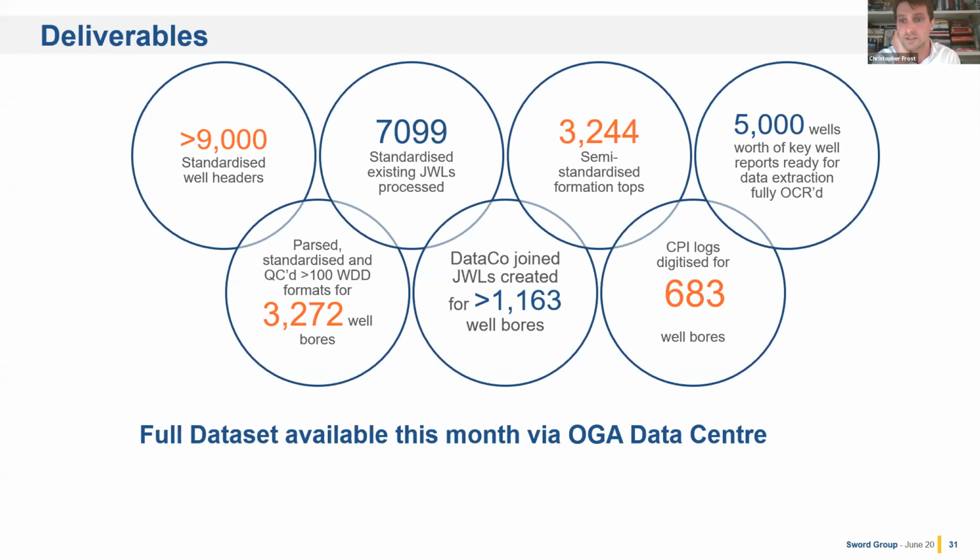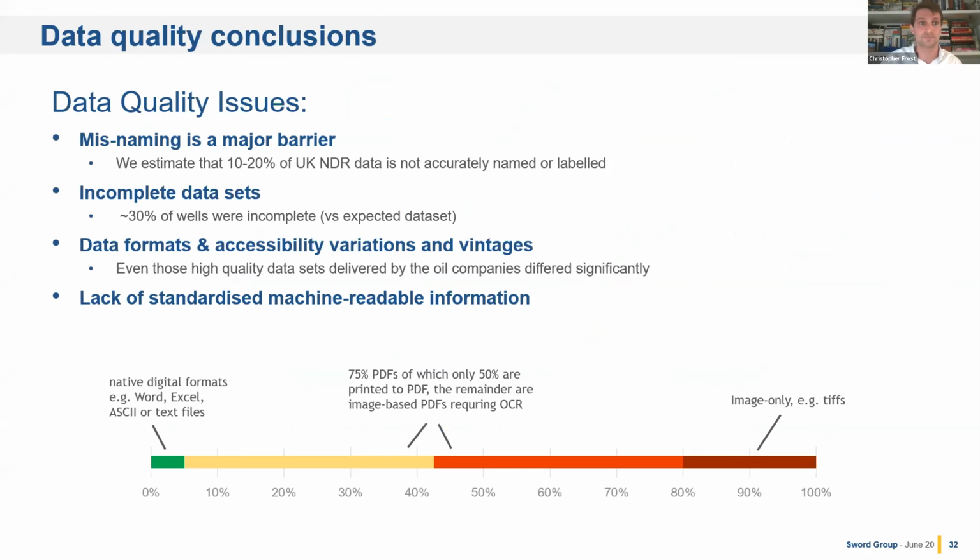This is for the tabular extraction. We've passed, standardized and QC'd over 100 WDD formats for around 3,200 wellbores. We've joined over 1,000 wellbores worth of JWLs, and we digitized CPI logs for around 700 wellbores that didn't have CPIs before.